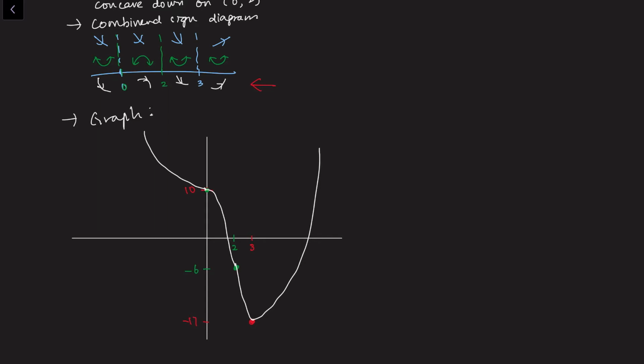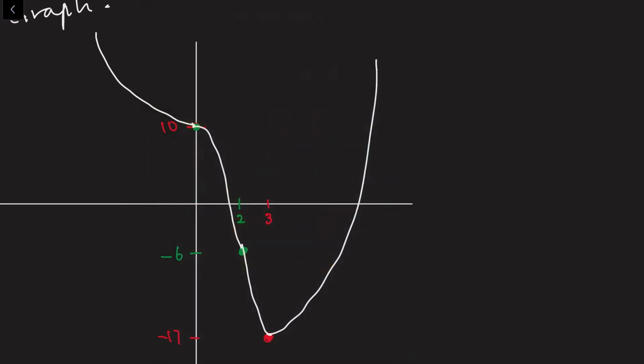And this is actually concave downwards from here to here. It's not so nice. Okay, something like this. And I think this should be a little bit more smooth. Okay, then this one.